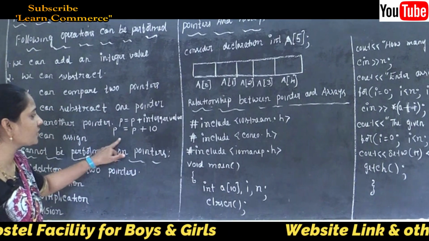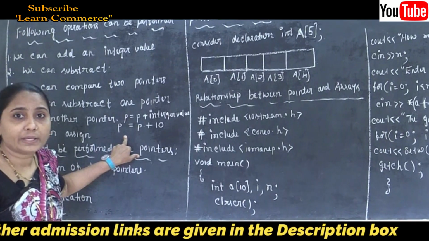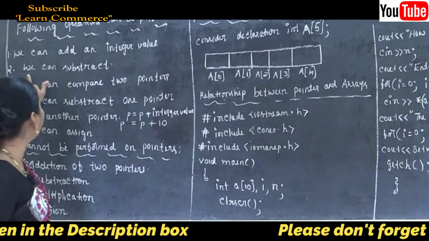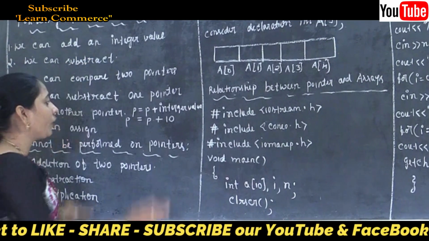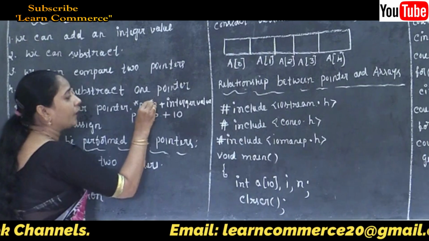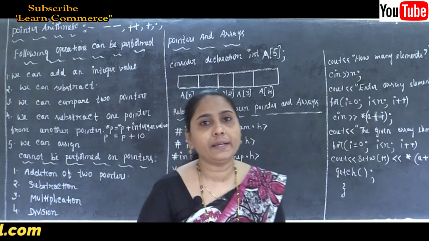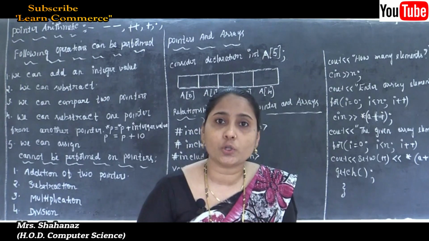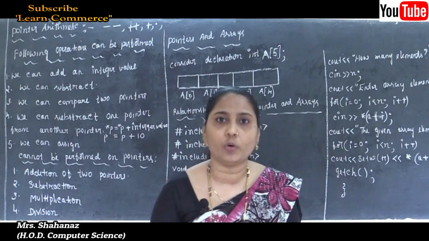This is the first note about our first operation of the pointer: we can add an integer value to a pointer. Or, instead of this, we can write pointer p is equal to pointer p plus integer value, for example p plus 10.